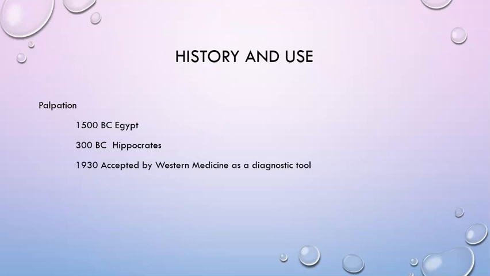So palpation was first recorded as a medical technique back in 1500 BCE in Egypt, and Hippocrates wrote about utilizing palpation to determine diagnosis in 300 BC. But it wasn't accepted by modern medicine as a diagnostic tool until 1930, which seems a little late in the game.